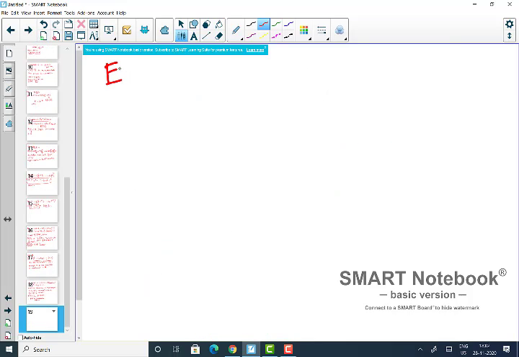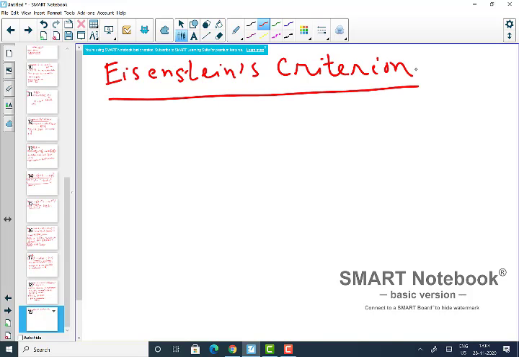Let me discuss it here. Eisenstein criteria. What does Eisenstein criteria tell you? I will first do it for a general ring and then for the ring of integers, which is important, but that will be just a corollary from the general ring.